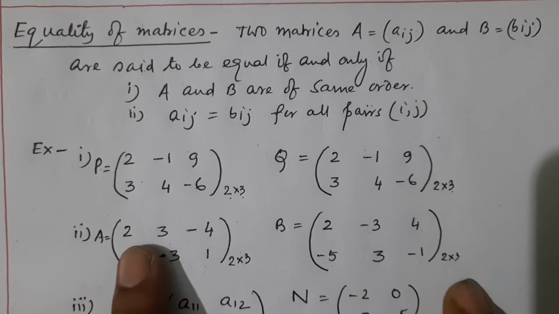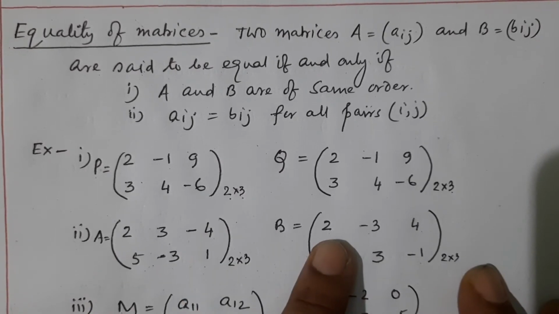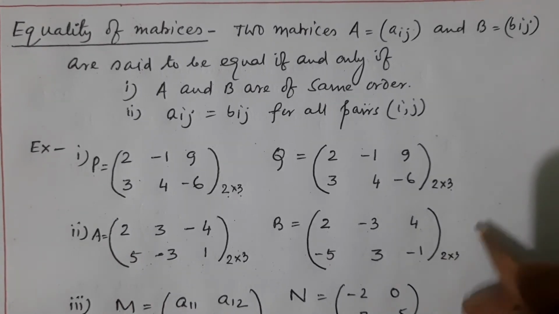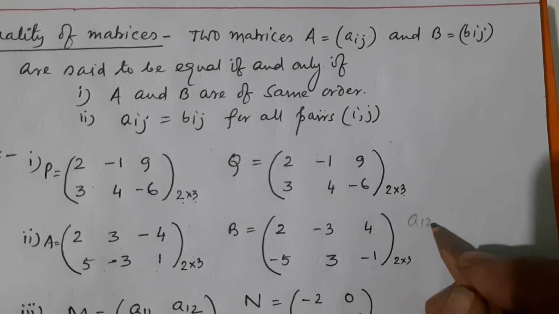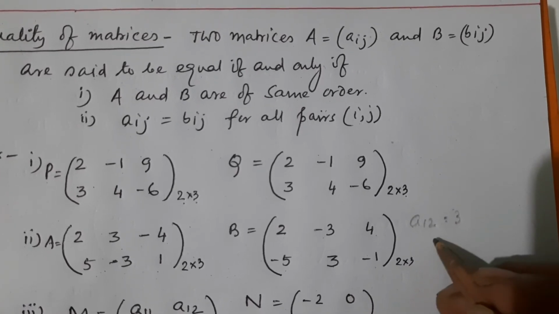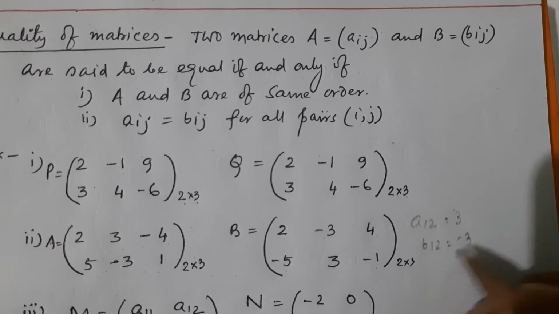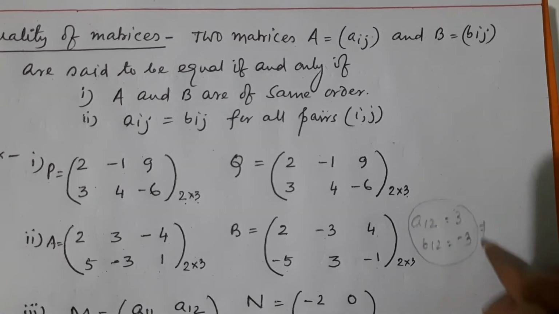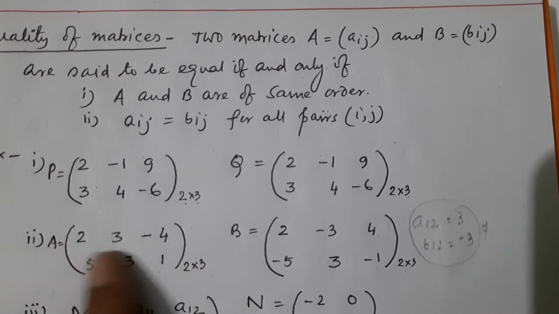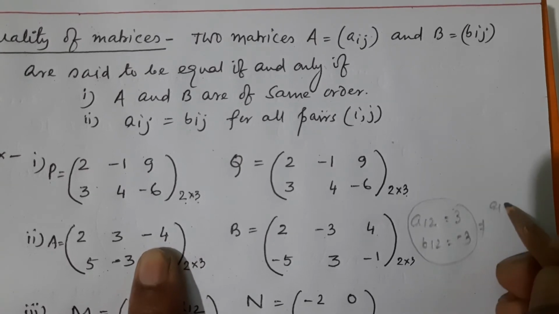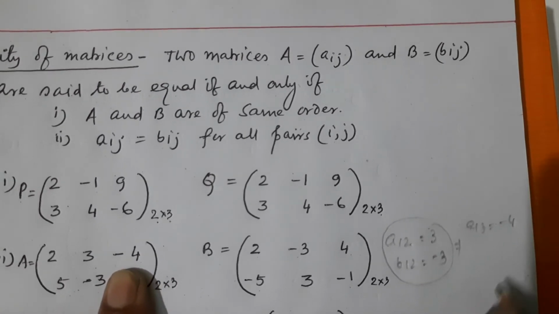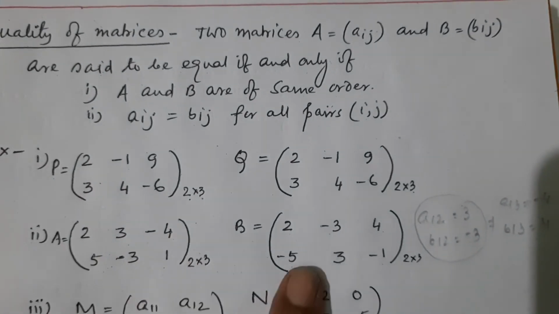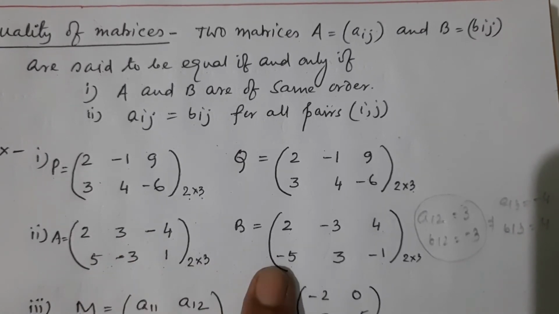But a11 equals b11, that is 2. a12 equals 3, b12 equals minus 3. So this is not equal. Again, a13 equals minus 4, b13 equals 4. This is also not equal. So we can say these two matrices A and B are not equal.